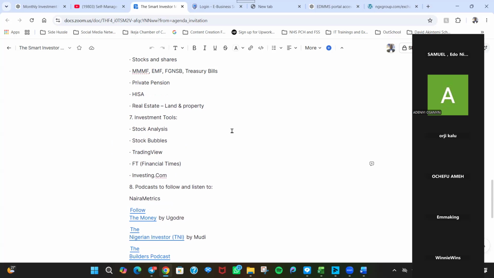You can go there and do a technical analysis or stock analysis, or you can set up a stock tracker. You can do comparison of stocks. If somebody tells you, oh, there is Airtel, there is MTN, which one should I buy? How do you decide which one to buy between MTN and Airtel?